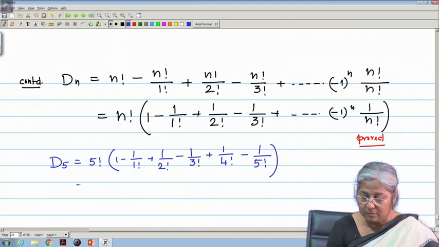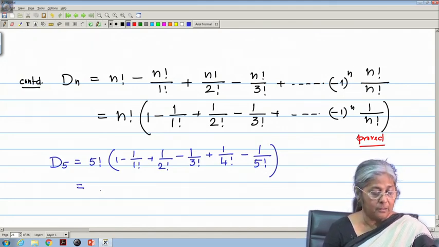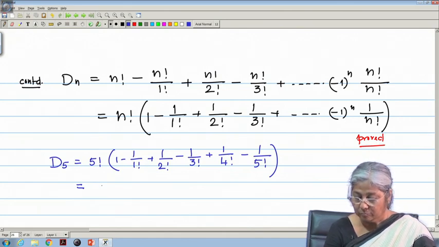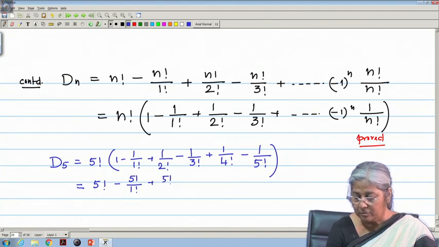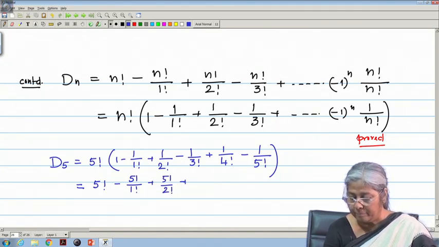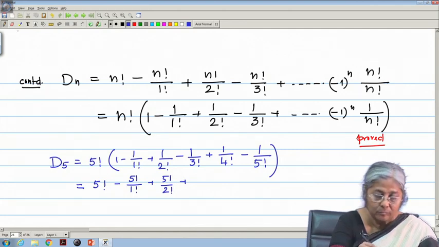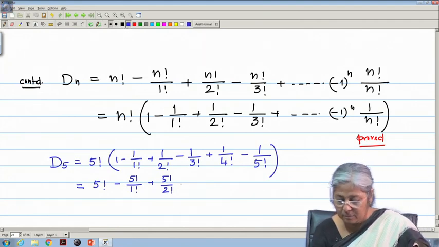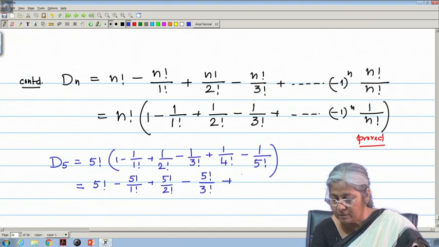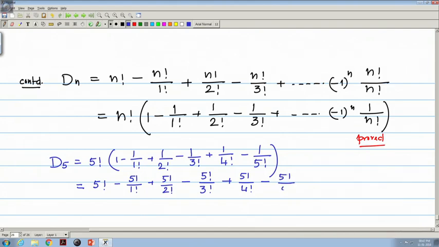So, it comes to 5 factorial minus 5 factorial by 1 factorial plus 5 factorial by 2 factorial minus 5 factorial by 3 factorial plus 5 factorial by 4 factorial minus 5 factorial by 5 factorial.